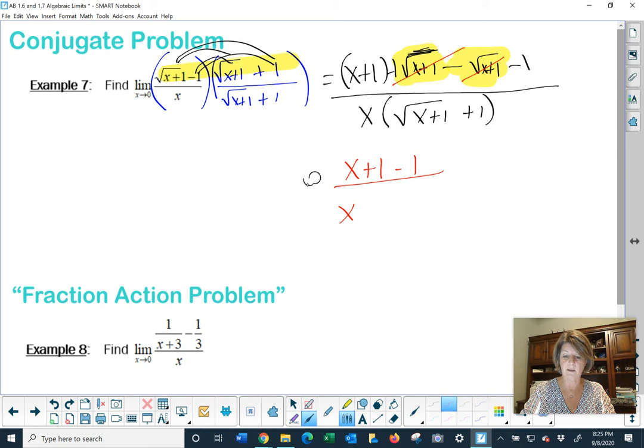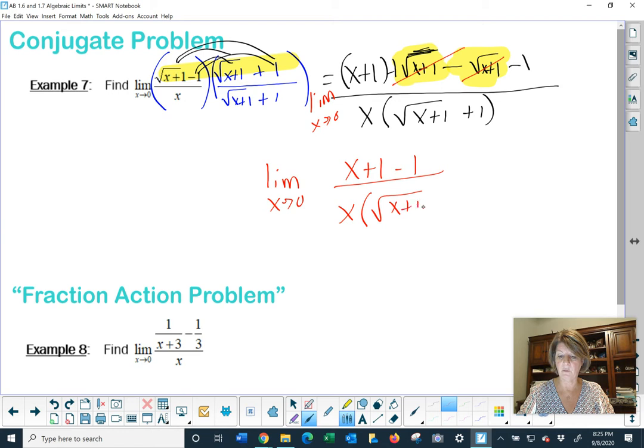Oops, I did a bad thing there. I need to write that limit as x goes to 0 up here as well, because that's really the question that we're trying to solve, is the limit of these. So x times square root x plus 1 outside, just copying the denominator.